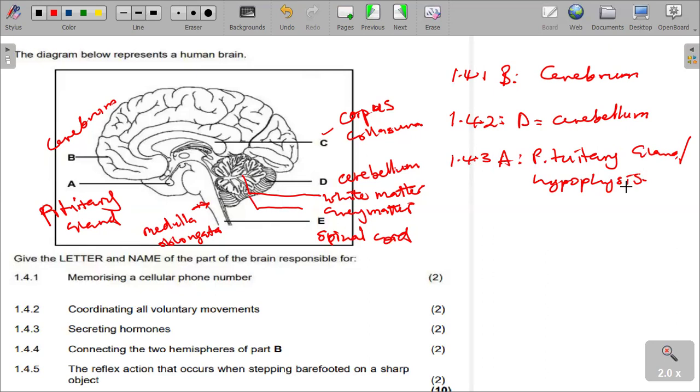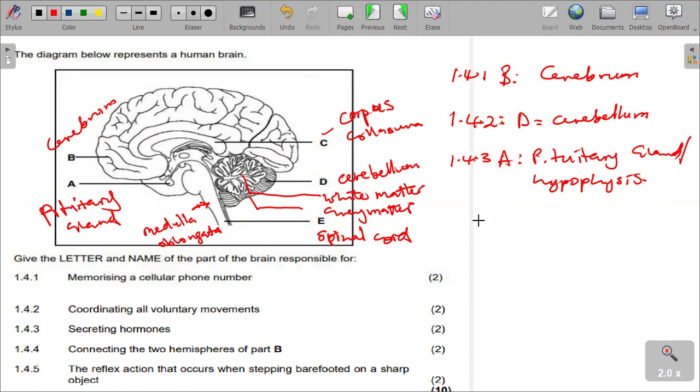It is responsible for the secretion of hormones, such as the growth hormone. Quite a lot of hormones are secreted from the human brain, actually through the pituitary gland.